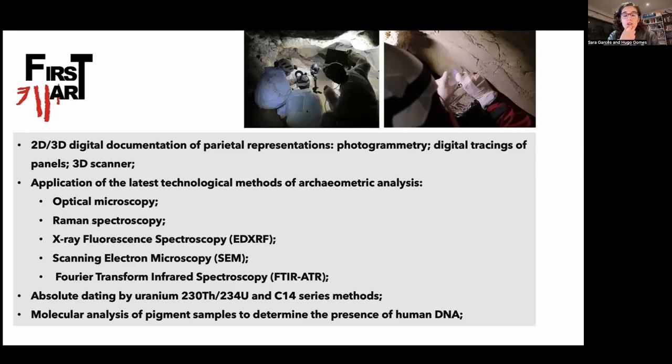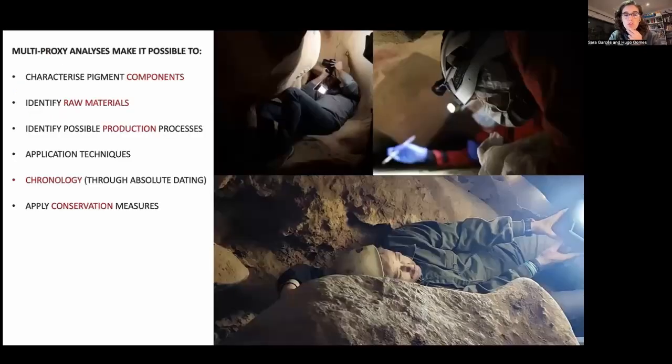And we are trying to work in this new research line to determine if we can find the presence of human DNA, old DNA, also in pigment sampling. So First Art is trying to put together a protocol, not only of archaeometric analysis, but also with documentation and dating of rock art. And I think very soon we will have some interesting results about this project.